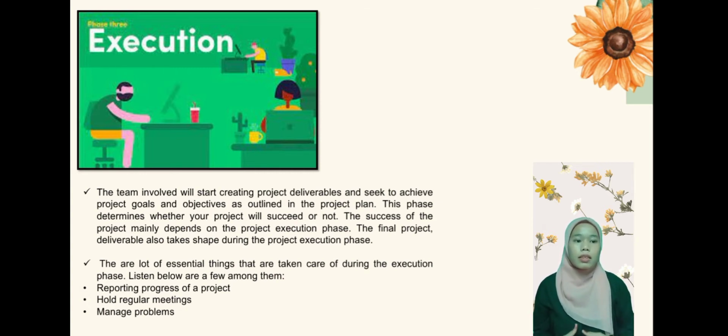The success of the project mainly depends on the project execution phase. The final project deliverable also takes shape during the project execution phase. There are a lot of things that need to be taken care of during the execution phase. Listed below are a few amongst them.